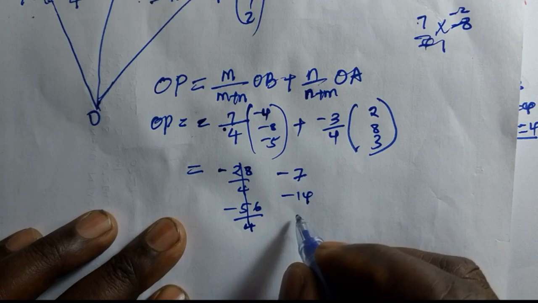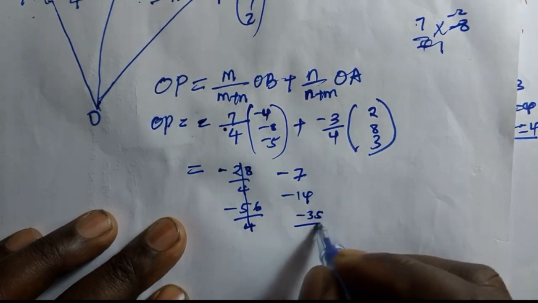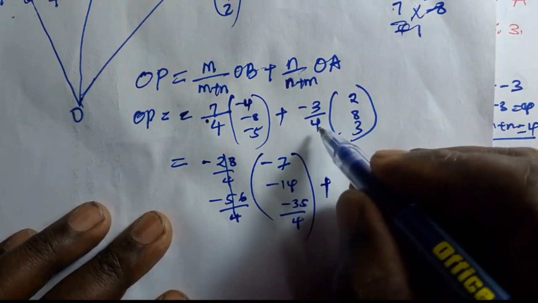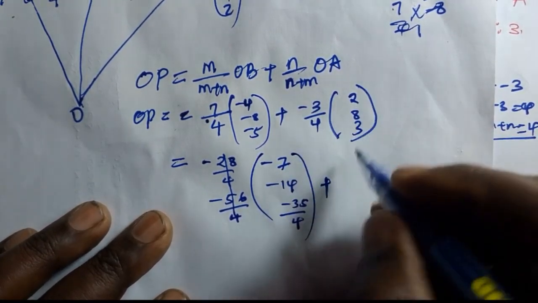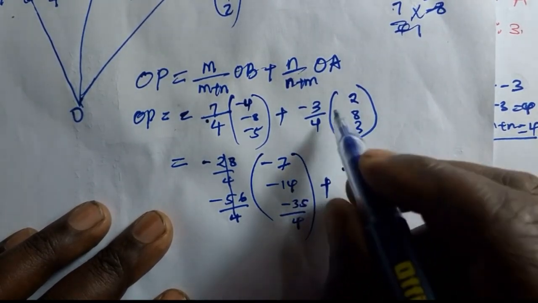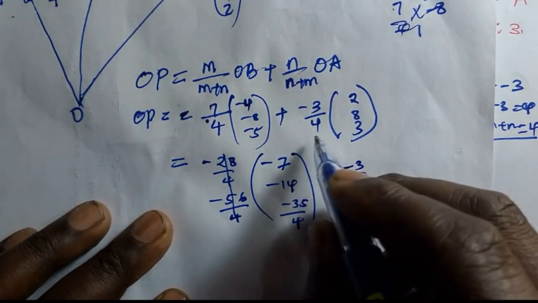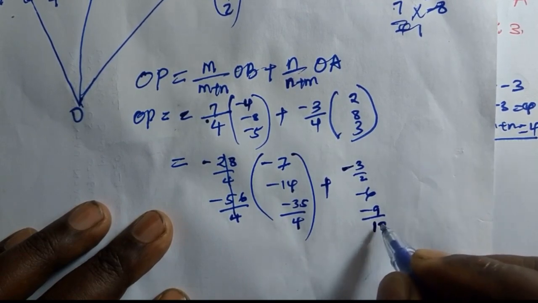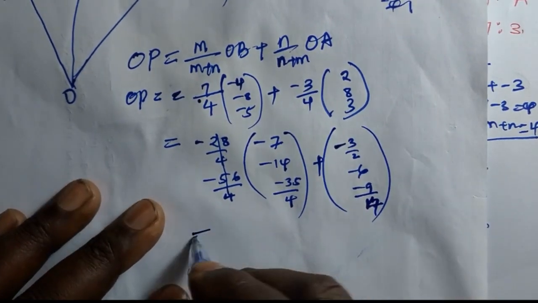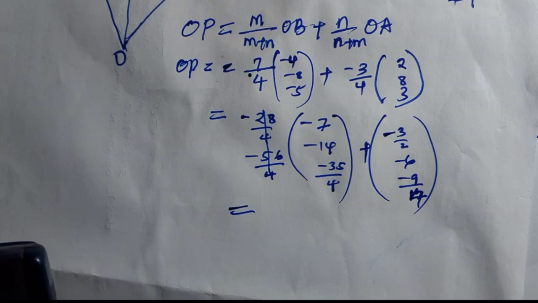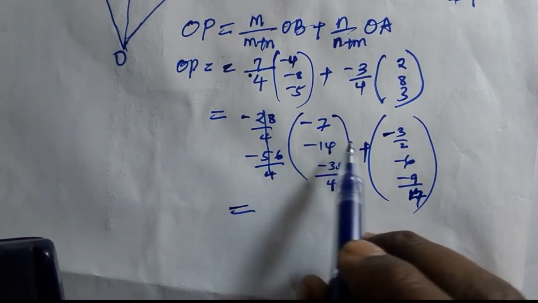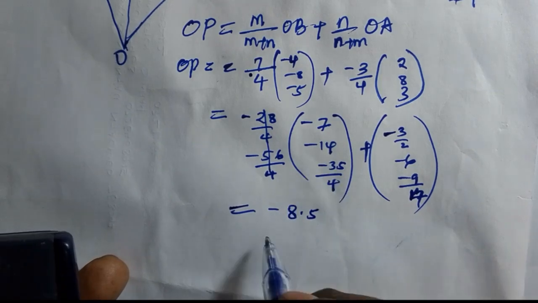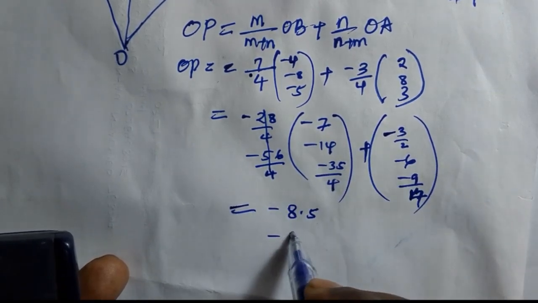And this one will be negative 35 over 4. That one does not cancel out. This one plus this one goes there, that is negative 3 over 2. This one will go there twice, negative 6. This one will be negative 9 over 4. So now we can add and see. Negative 7 plus negative 2 over 3, the answer is negative 8.5. Negative 14, negative 6, the answer is negative 20.